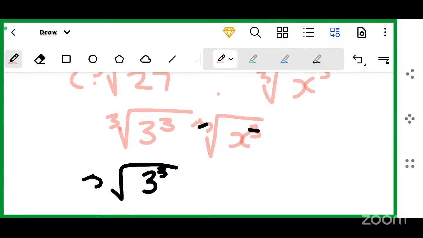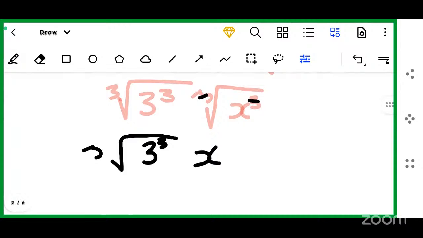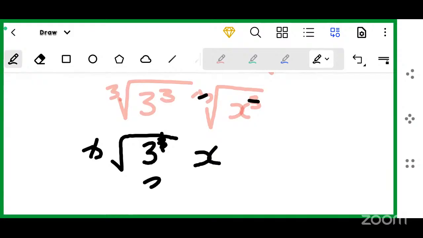Then you write x. Okay, yes. Ma'am, your answer is good. Then on this step, this 3 and that 3 inside the cube root, the root and the to the power 3, they cancel each other, ma'am. Your answer is going to be 3x. Okay, 3x. Perfect. Good job, Ole.